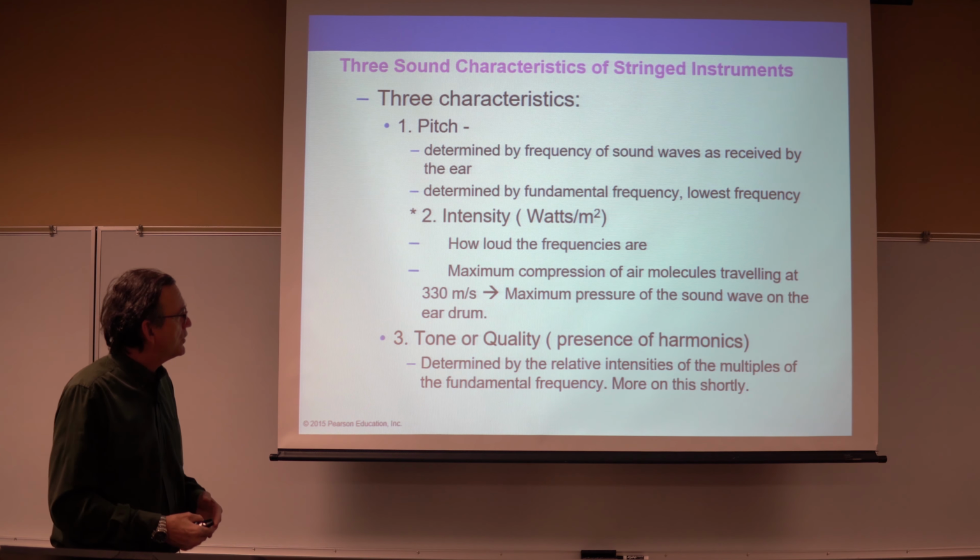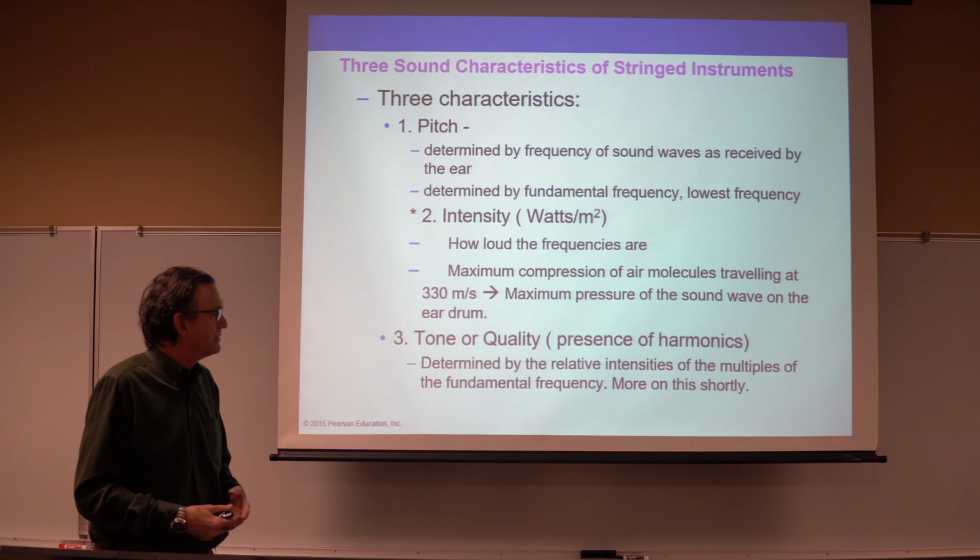Finally, the tone or quality is the aspect of a musical instrument that uses the higher frequencies produced by the string or the wind instrument, but it's produced in a way, those higher frequencies, such that they are multiples of the fundamental frequency.